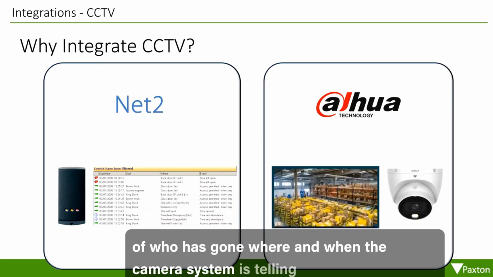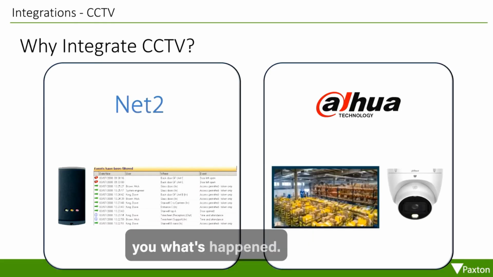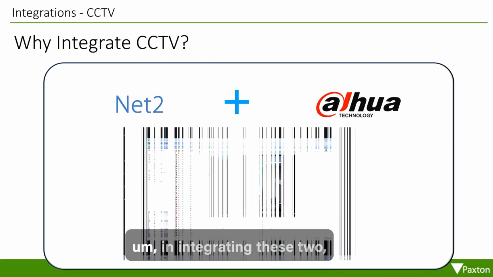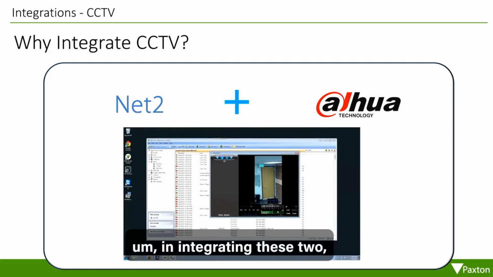Your camera system is telling you what's happened. So it makes a lot of sense to integrate these two, so that you get your events in Net2, but then you can see a clip in the Net2 events log of that event happening on the Dahua CCTV NVR.